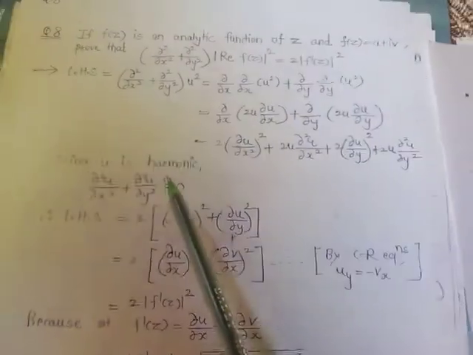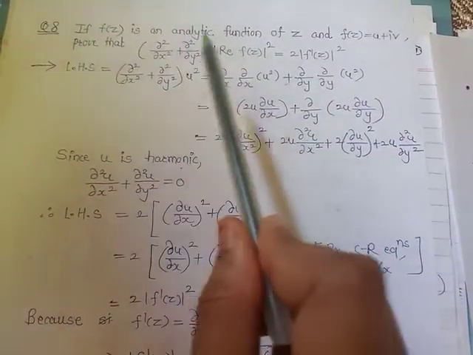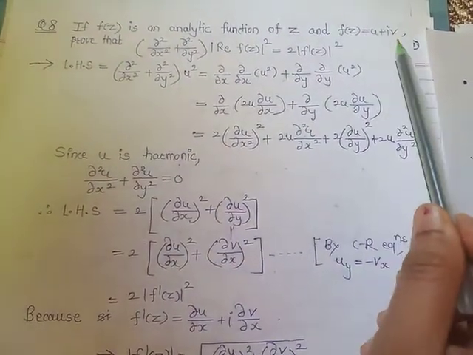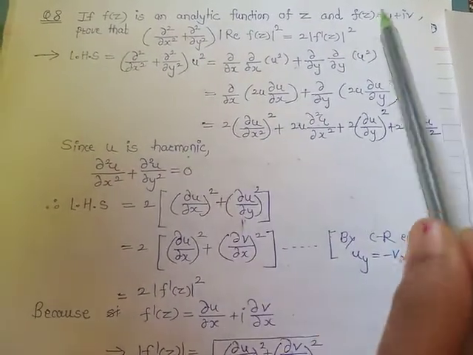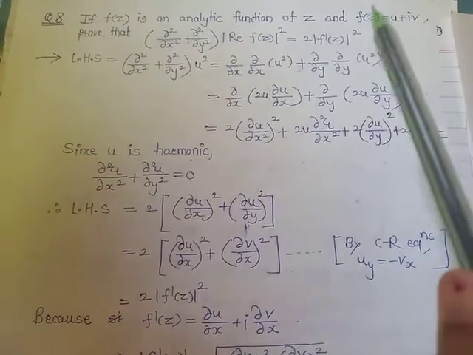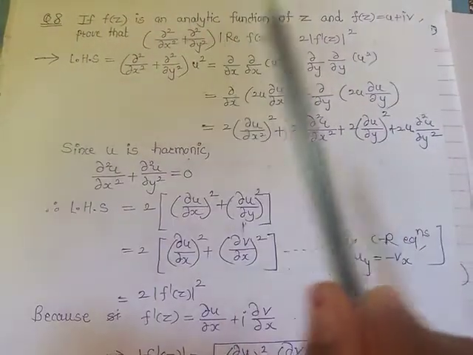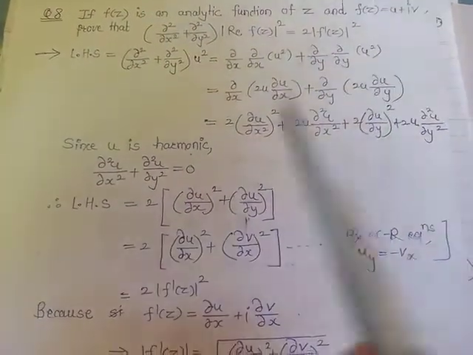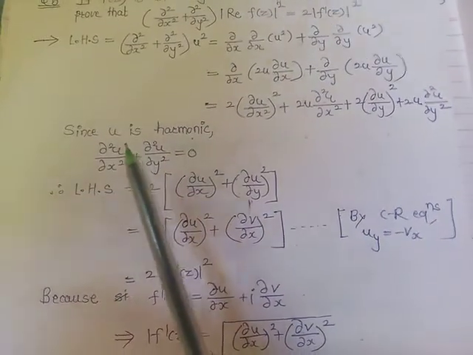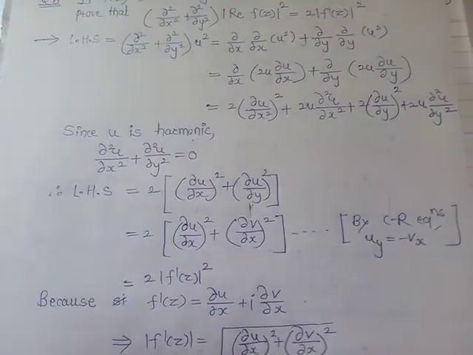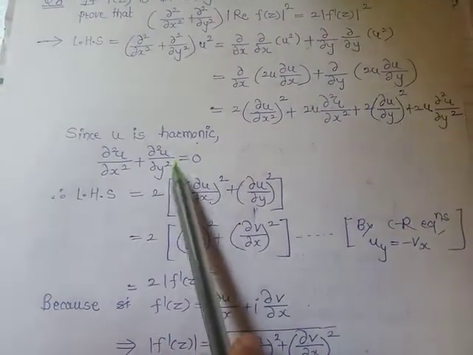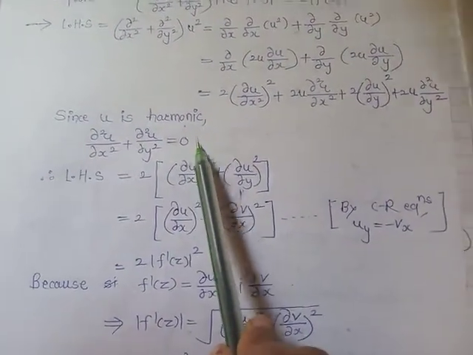But now see, function is analytic, that means definitely u and v, means real and imaginary part of the function, will be harmonic functions. We have studied the remark that if function is analytic, then u and v will be harmonic. So if we use this remark, then since u is harmonic, we can say ∂²u/∂x² plus ∂²u/∂y² is 0.